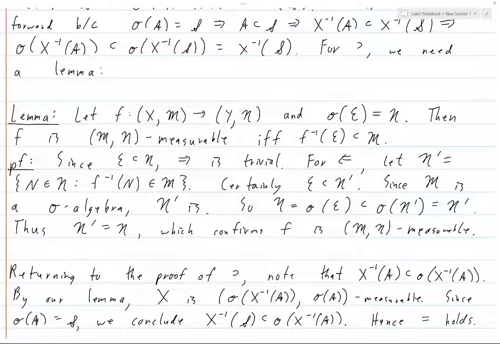But it would work. Let's say we have a set in X inverse of S. So it's a set of the form X inverse S, where S is an element of fancy S. Now we think, how could we possibly construct S from elements in fancy A?